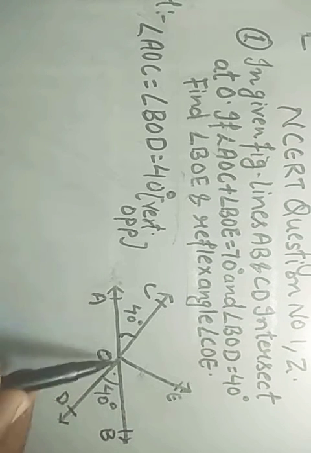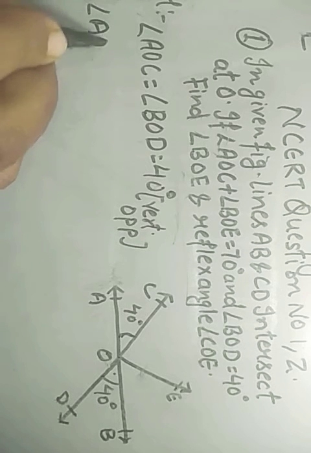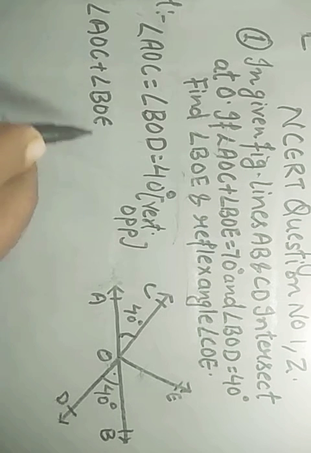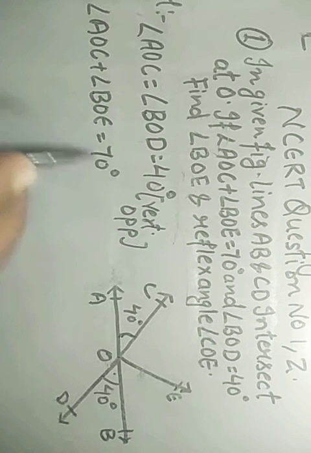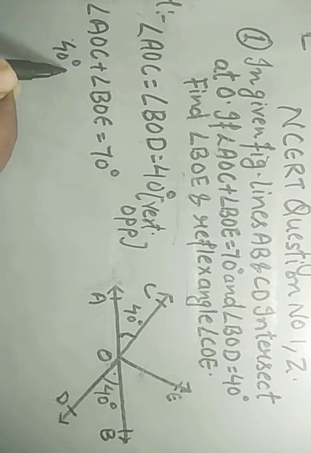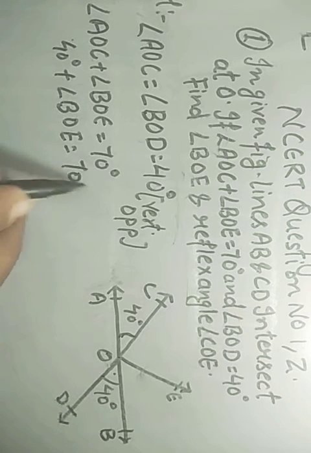Also given that angle AOC plus angle BOE is equal to 70 degrees. Putting the value of angle AOC in this equation, it is 40 degrees plus angle BOE is equal to 70 degrees.